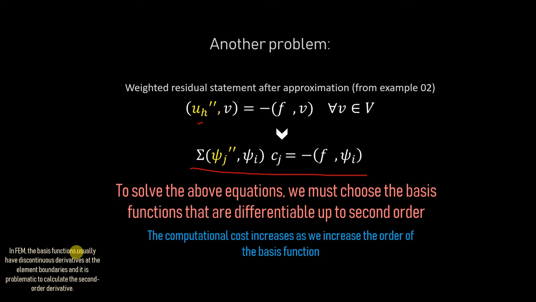C0 means they just have a kink. C1 means the derivative will have a kink or something like that. So mostly they will be C0, with discontinuous derivatives, so they are not differentiable up to second order. In that case, what's the way out?